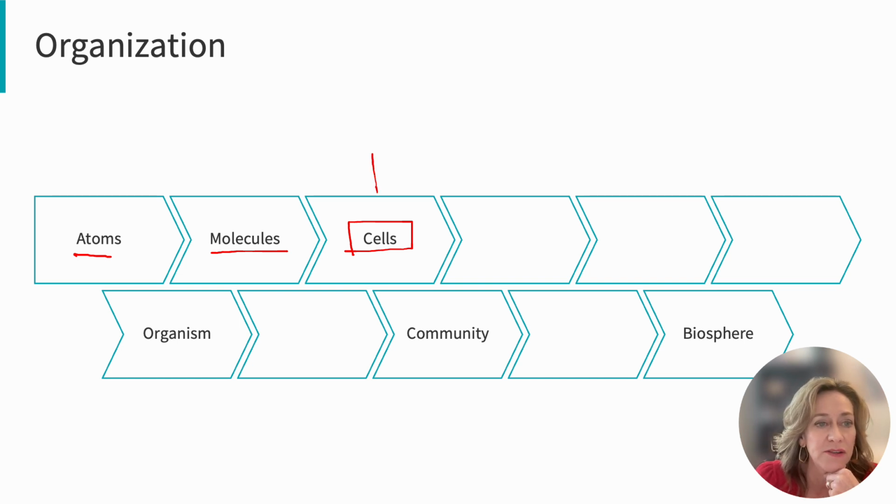I'm going to put a little asterisk here by cells because this is the smallest unit of life, meaning nothing smaller than a cell do we consider living. Now, if we have multiple cells working together to form the next level of organization, what would that be? Yeah, that's tissues.